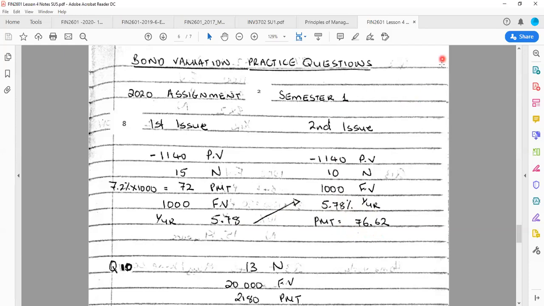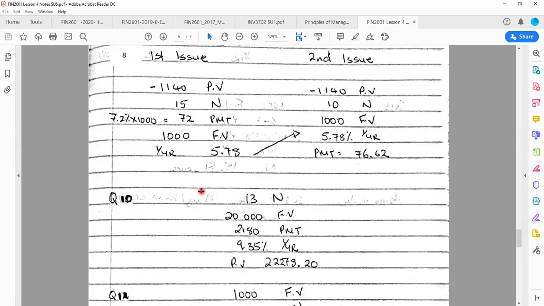Please try to do these calculations and see if you come to the same answer. The idea here is that you use information from the first bond to get the yield to maturity, and then use that yield to maturity for the second bond so that you can get the PMT. And remember, when we're calculating PMT, the percentage we put here, we always put it as a decimal. It's 0.072 times 1,000 to give us our PMT.